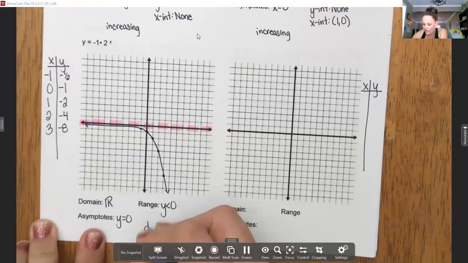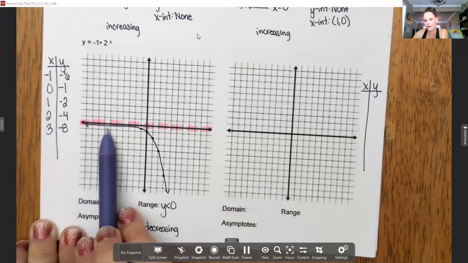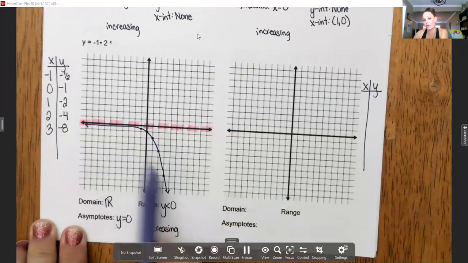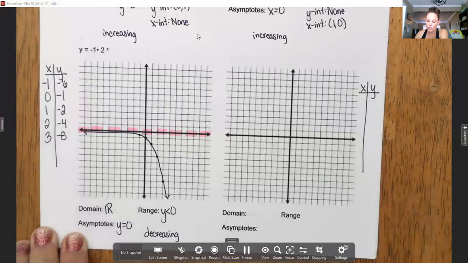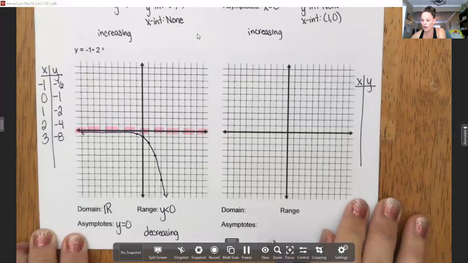And this graph is said to be decreasing. As I go from left to right, the y values are going down. They're getting smaller.